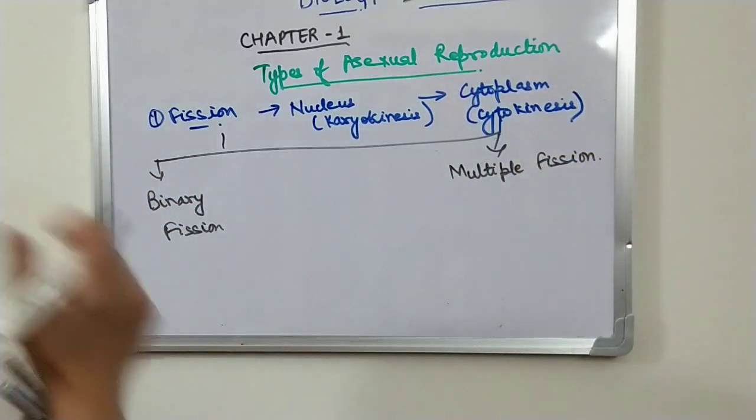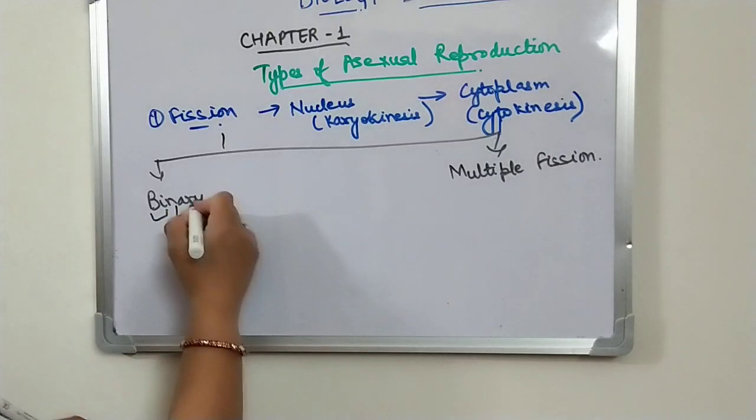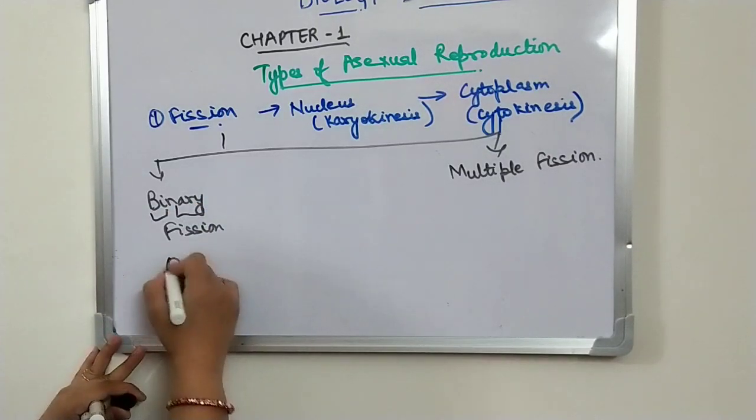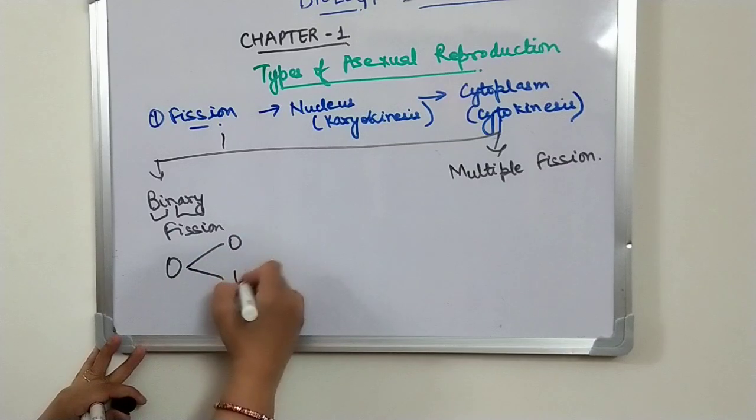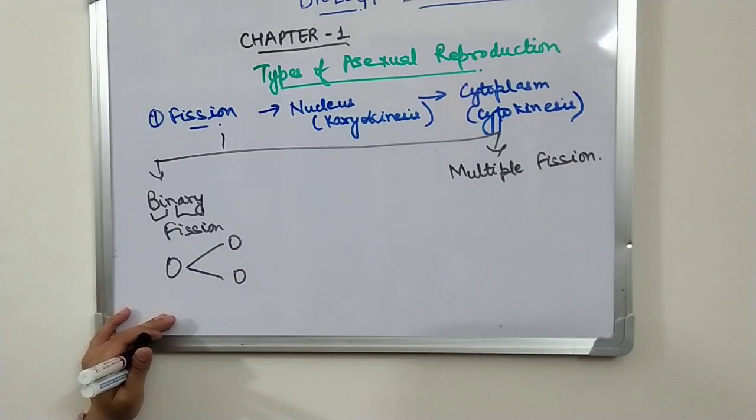The term indicates that bi means two, nari means number. When a single cell is converted into two daughter cells, this process is known as binary fission.